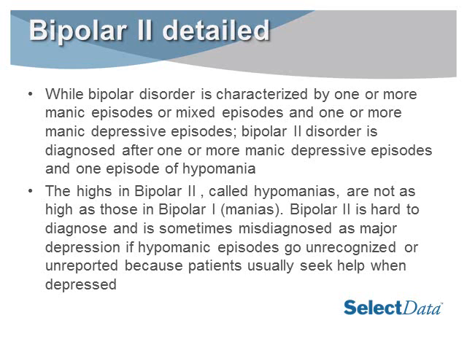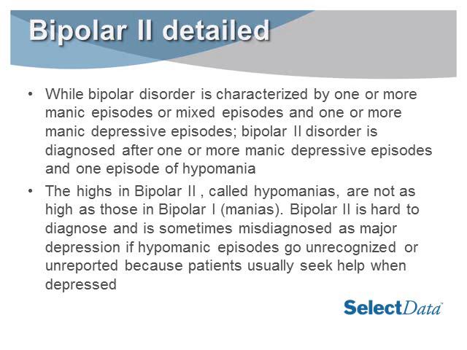While bipolar disorder is characterized by one or more manic episodes or mixed episodes and one or more manic depressive episodes, bipolar II is diagnosed after one or more manic depressive episodes and only one episode of hypomania. Now, the highs in bipolar II are called hypomania. Sounds a little oxymoronish, but they're not as high as bipolar I, which are true manias.